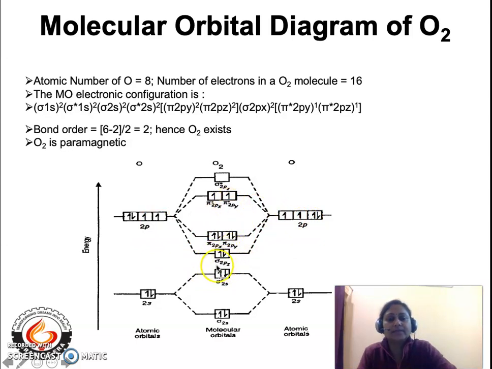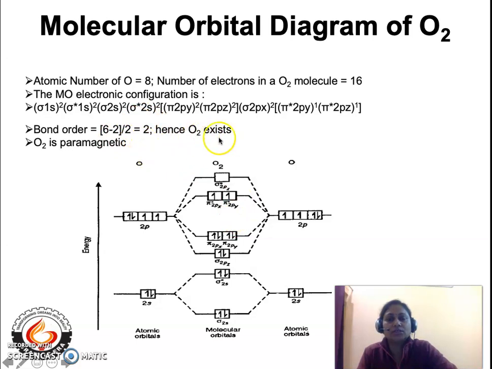These 8 electrons are accommodated in this manner. 2 electrons are in the sigma 2px molecular orbital, 2 in the antibonding sigma star molecular orbital, 2 in the bonding molecular orbital, that is pi 2py and the pi 2pz, and 2 in the antibonding molecular orbital, 1 each in the pi star 2py and the pi star 2pz. So the bond order is calculated as 6 bonding molecular orbital electrons minus 2 antibonding molecular orbital electrons whole divided by 2, so we get a bond order of 2.